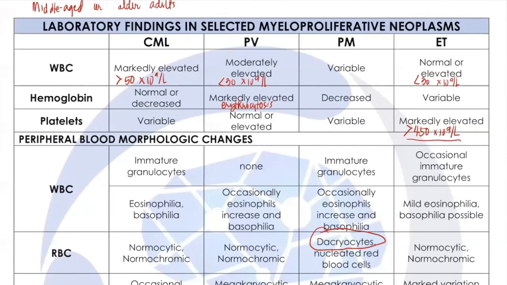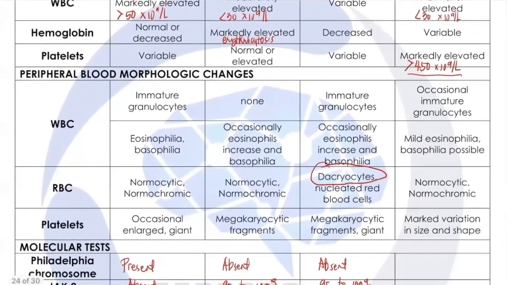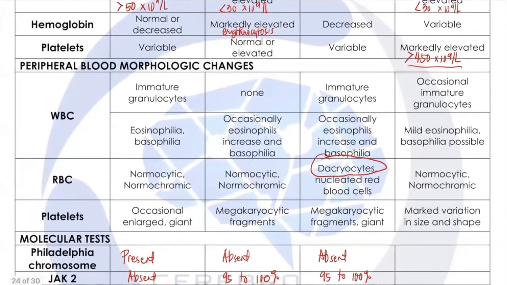Okay, so occasionally there might be immature granulocytes in the peripheral blood smear. Mild eosinophilia and basophilia may be possible. The red blood cells are normocytic and normochromic, and the platelets are exhibiting a marked variation in the size and shape.